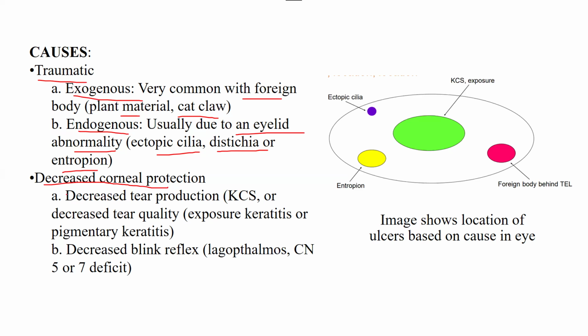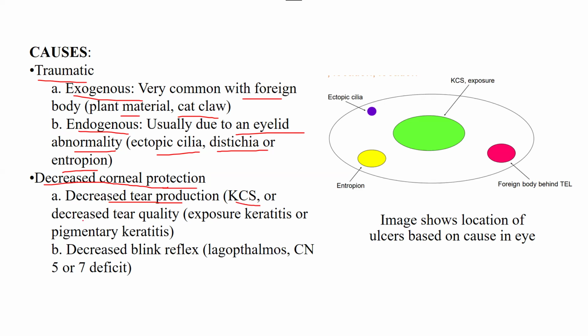Next, we have decreased corneal protection. For decreased corneal protection, we have issues like decreased tear production. When fewer tears are produced, the eye is going to get dry, and there are chances of ulcer formation. Any tear will form and get a crack on the cornea, and that's how an ulcer will form.